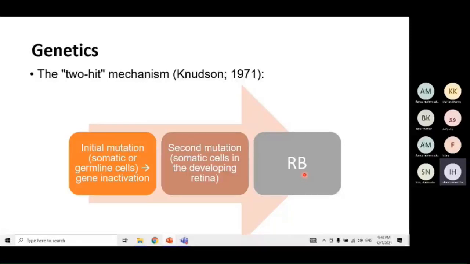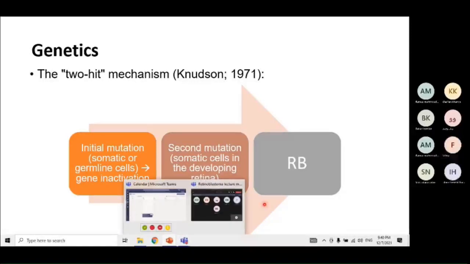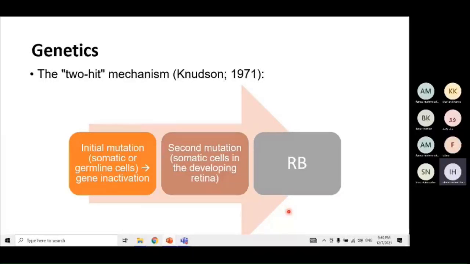Is it clear for you, or does it need a bit more explanation? Can you hear me? Yes. Okay, is this part of the theory clear?